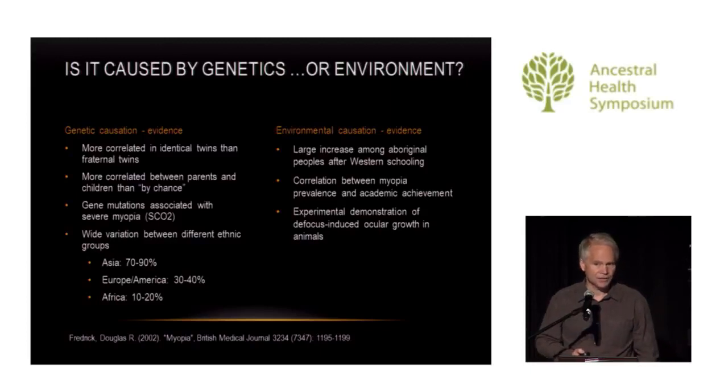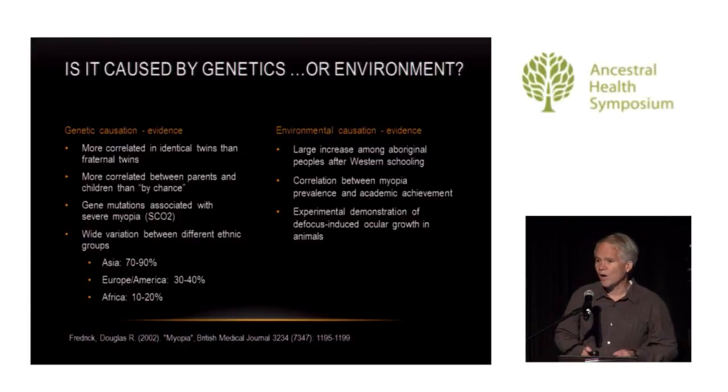There's a number of gene mutations that have been identified, like SCO2, which has to do with copper metabolism, which are implicated in severe myopia. And there's wide variation between different ethnic groups. So, for example, it's much higher in Asia, 70 to 90% in some countries, maybe a third of people in the US or Europe have myopia, and it's much less common in Africa.